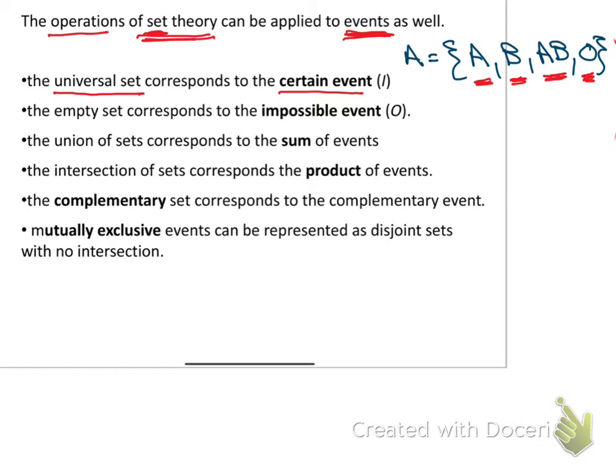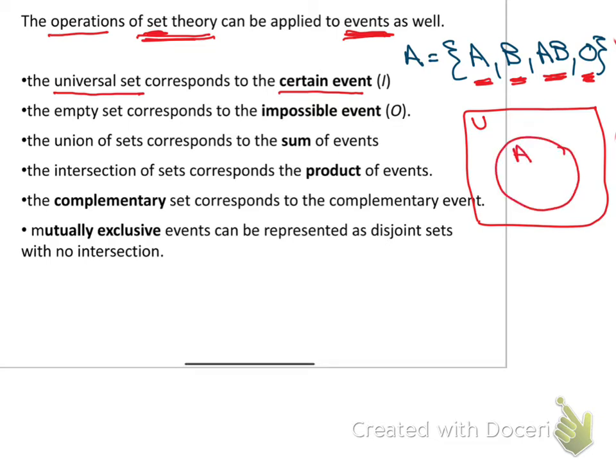This is set A. If I have a domain or the universal set, which is U, that includes the set A, B, AB, O. So what is the possibility if I have taken randomly one person and made a blood test for him? Of course, since this is the result of the blood test, he would be one of them.